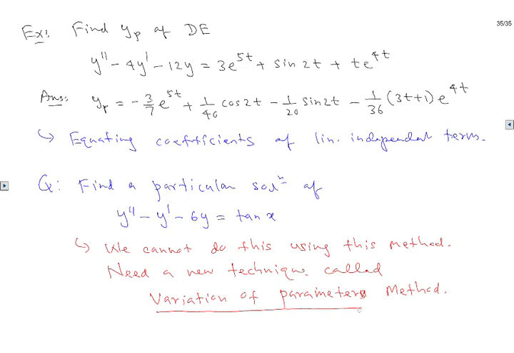As the final thing, I want to say that this technique actually works in general, even for higher order differential equations. So let's talk about that.